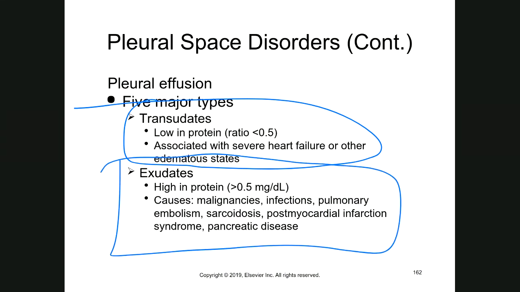When you see a lot of protein in that pleural effusion, it's because you have malignancy, pulmonary embolism, sarcoidosis that I mentioned before, even post-myocardial infarction syndrome, or pancreatic disease. Careful with these two because some people will get one of these two questions in the test.